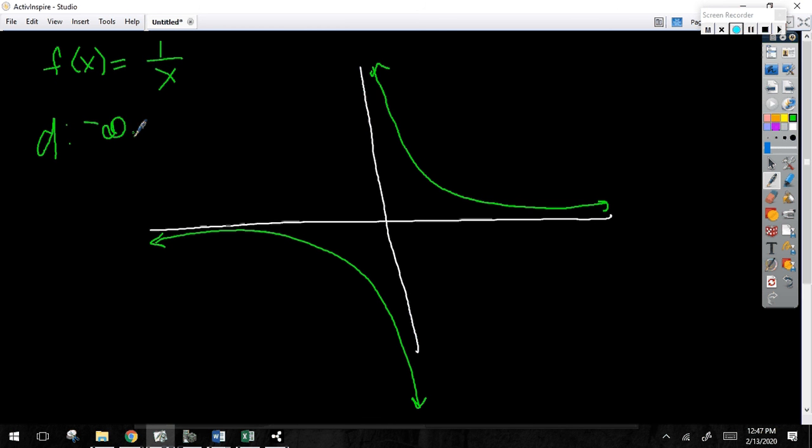I'm gonna go negative infinity to 0, and then 0 to infinity. Remember those back-to-back parentheses will leave out just one number. So if you look left to right, it's forever left. Then I stop at 0, and I pick back up that way. How about the range, though?